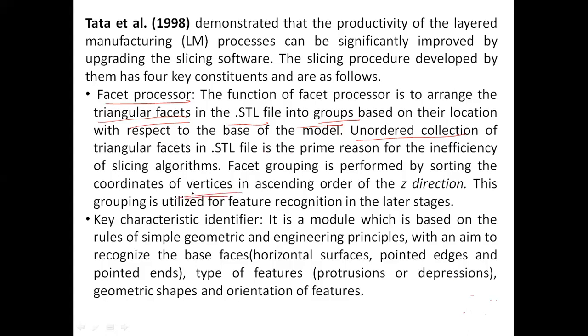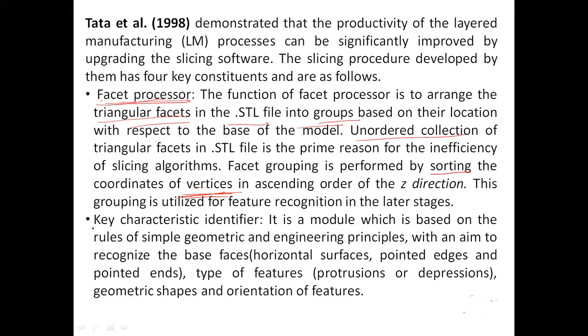In order to create a structured collection, they performed sorting of the vertices, so that the z-axis of each vertex was evaluated, and based on that, facets were arranged in such a way that you could generate each feature during reconstruction. So that is how facet processing was done.